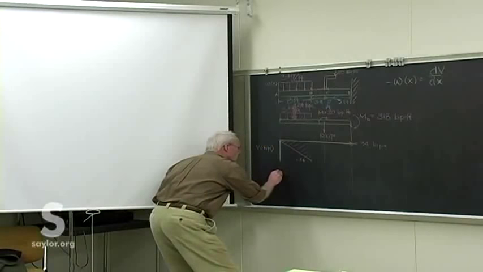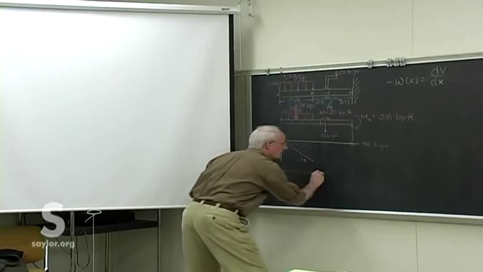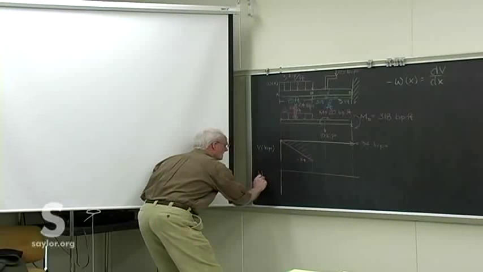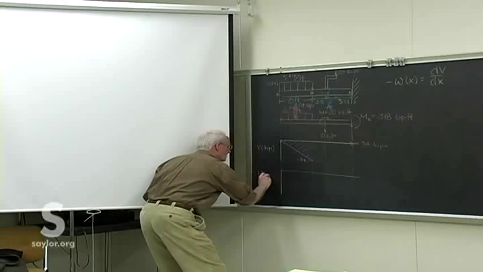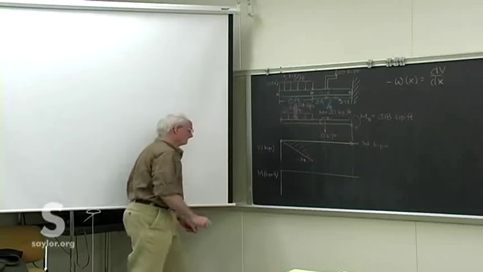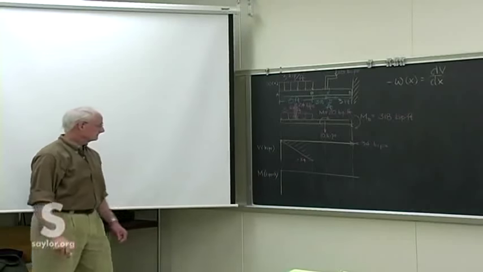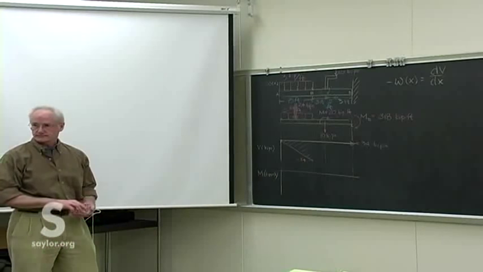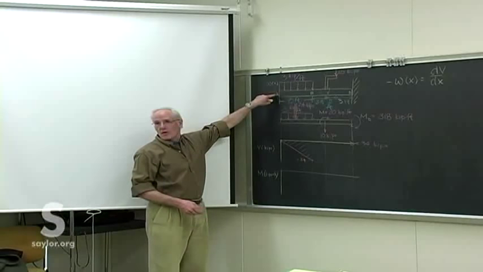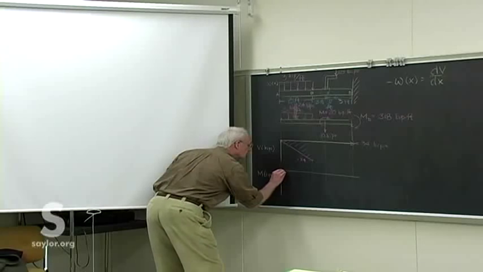Also turns out, I know ahead of time that all of the moment is negative, so I'll draw it like that. Save us a little bit of trouble. Kip feet. You know the moment at A, since that's a free end, is also 0.